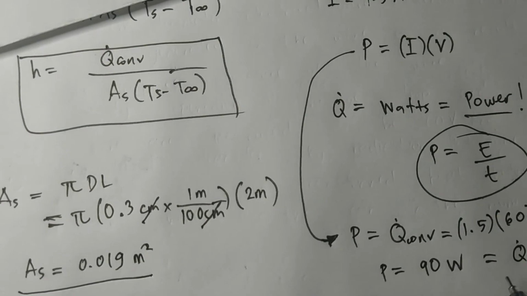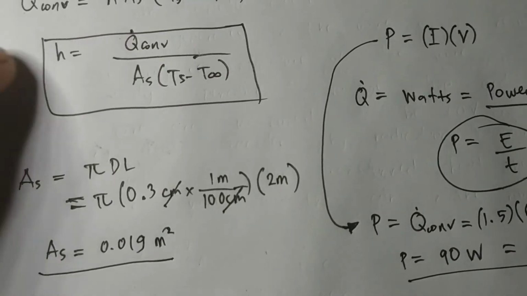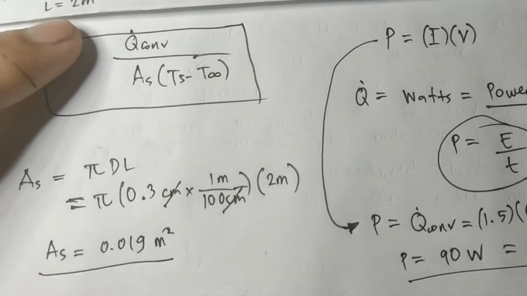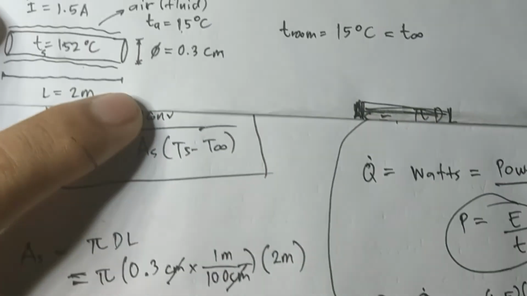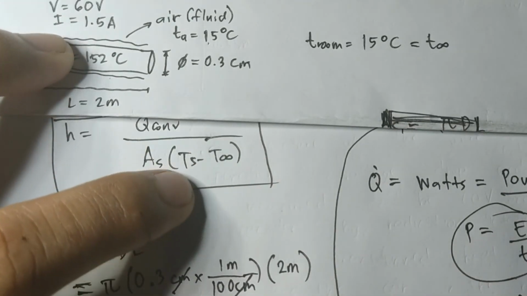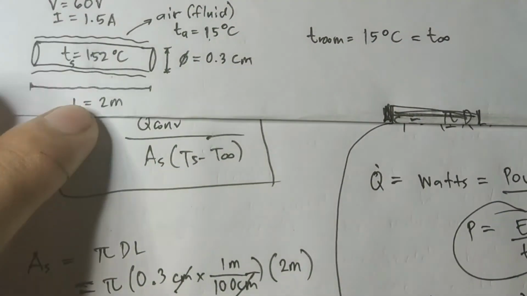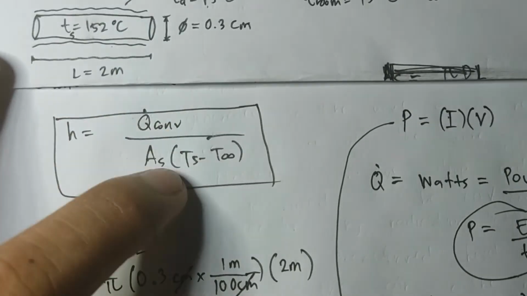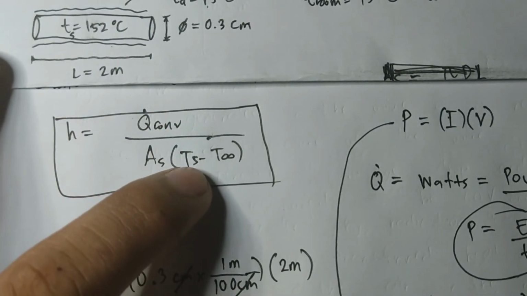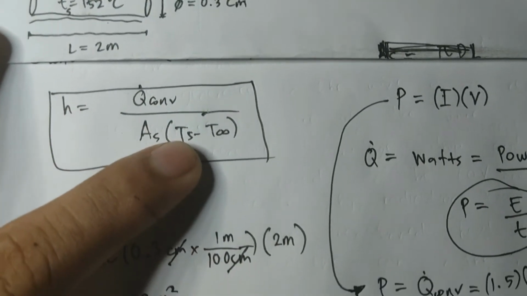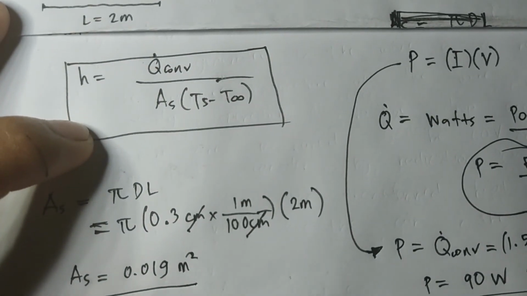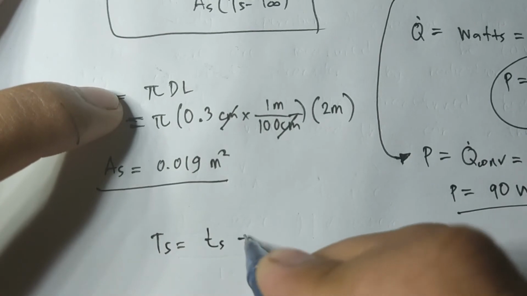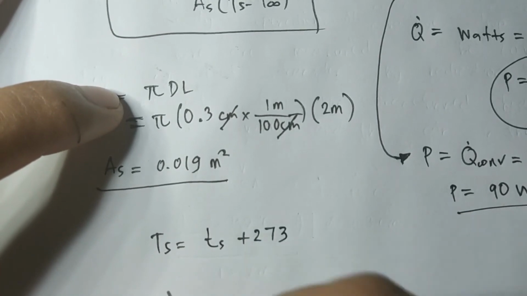Ngayon, meron ka na nito. May A sub S ka na, meron ka ng Q convection. Makakuha mo na ngayon ang H. Kasi meron ka naman ng temperature ng surroundings at temperature ng surface. Temperature ng surface, kung ating babalikan, T sub S is 152 degrees Celsius. Pero, ang hihingi ng formula ay dapat naka-absolute. So, T sub S equals to T S plus 273.